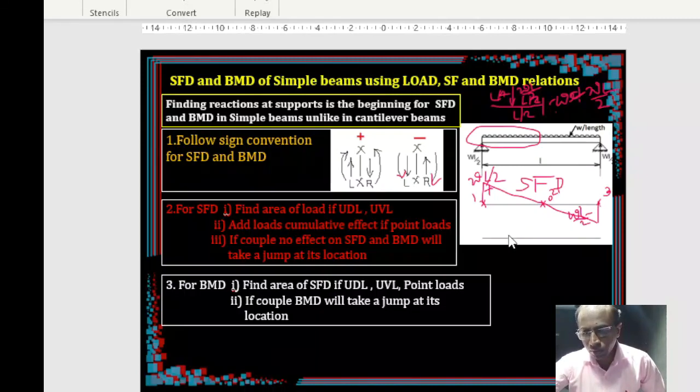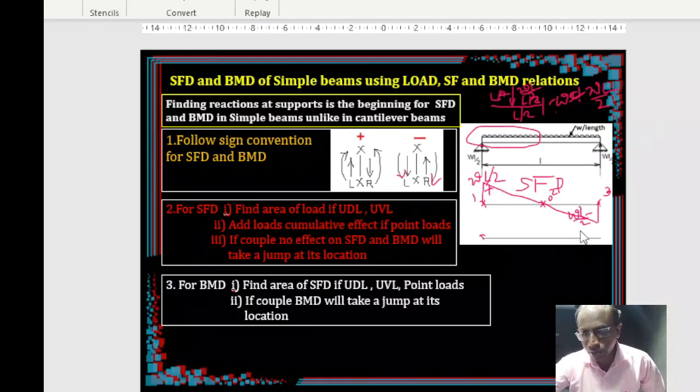Alright, next is your bending moment diagram. When you are trying to construct the bending moment diagram, you just follow the area of the shear force diagram. We don't have to come again from the load. Always remember, at a simple support or roller support, the bending moment is always 0.